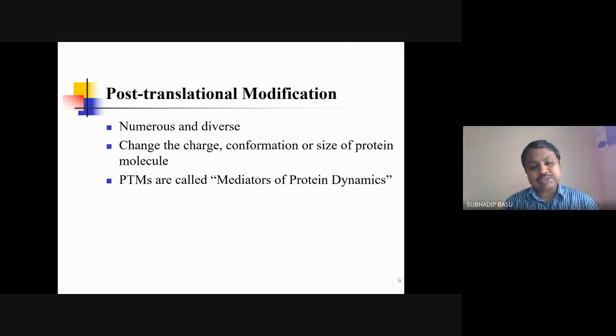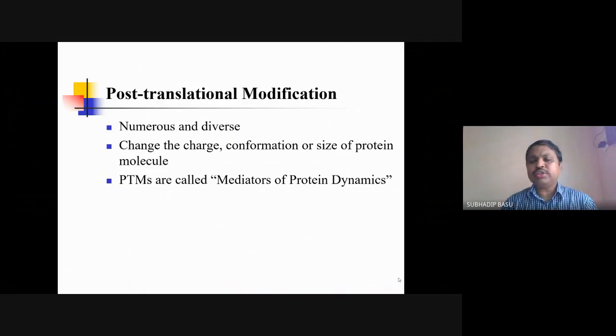That's one of the reasons PTMs are called mediators of protein dynamics. Proteins are the main building blocks of a living organism, and PTMs are the mediators of these protein dynamics.